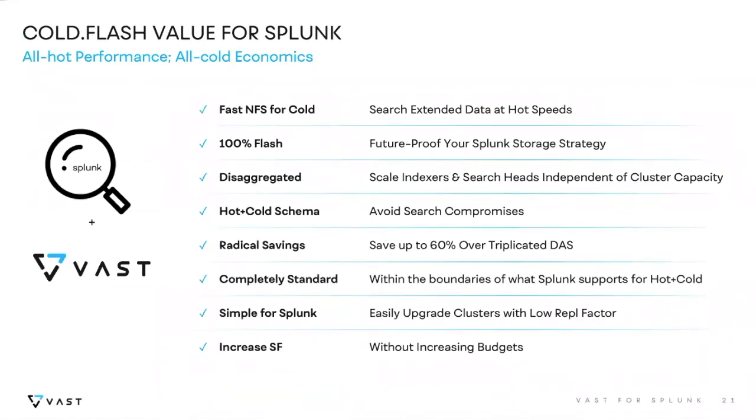That's what we're here to talk about today. Our COLD.FLASH architecture, and the value for Splunk is that you get always fast searches. The architecture is future-proofed. So as you start to evolve your Splunk strategy, as users or researchers start to interact with search clusters differently, you don't really have to worry about where their data is oriented.